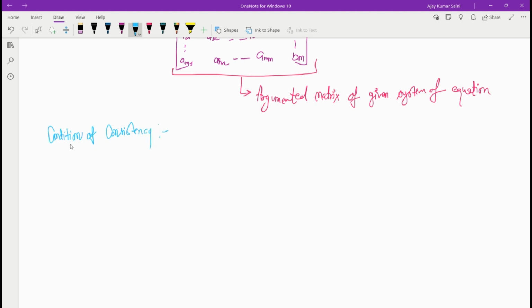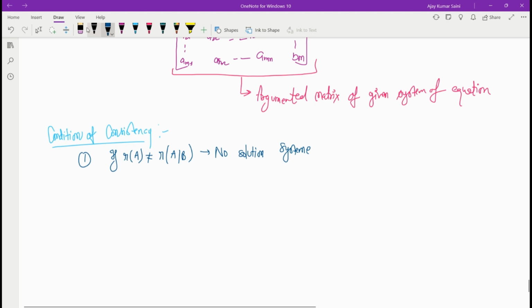First, if r, the rank of the matrix A, does not equal the rank of the augmented matrix A b, then there is no solution and the system is inconsistent.